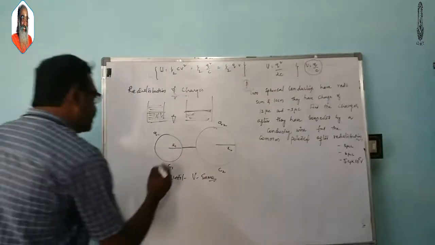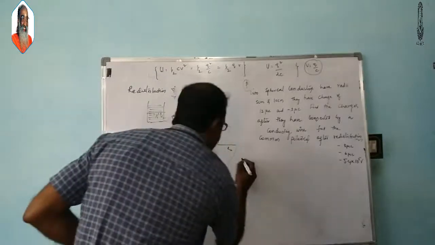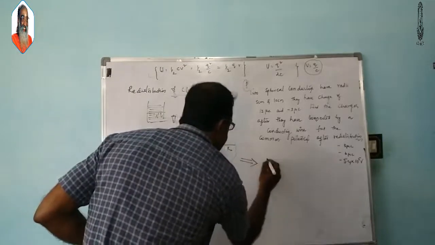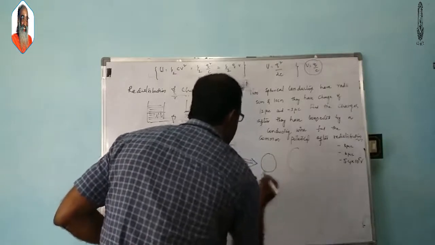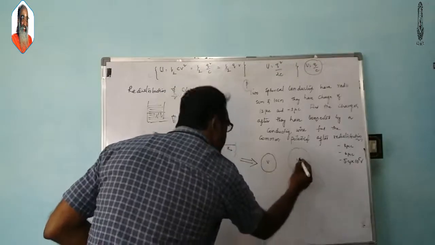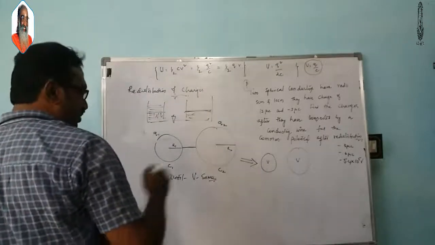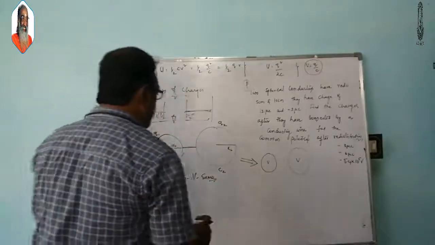That means both attain the same potential, so you can write like this. Now this one has potential V and this one also has the same potential V.